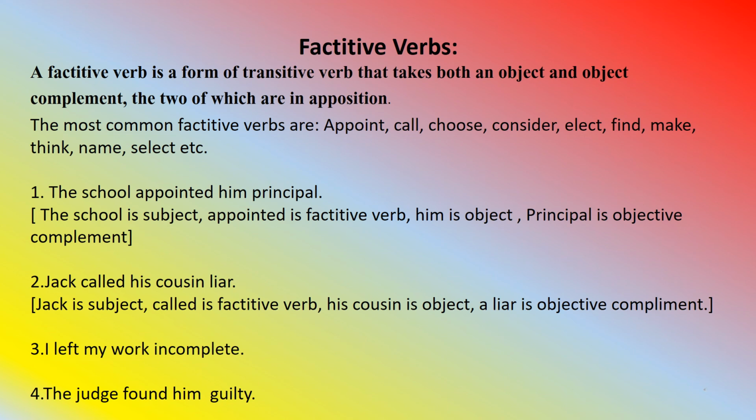But the sense is still incomplete until we tell on which post he is appointed. So, the complete sentence will be the school appointed him principal. Let's see more examples. Jack called his cousin a liar. Jack is subject, called is factitive verb, his cousin is object, a liar is objective complement.